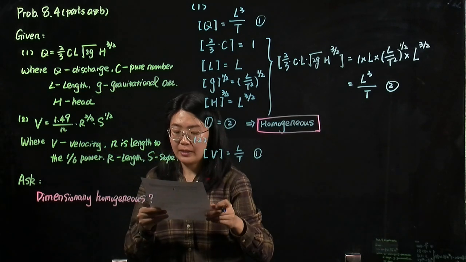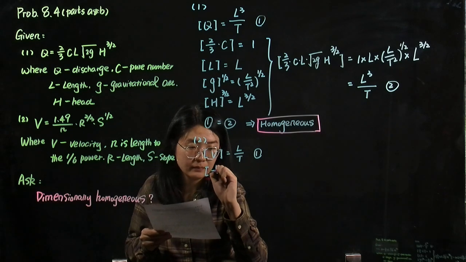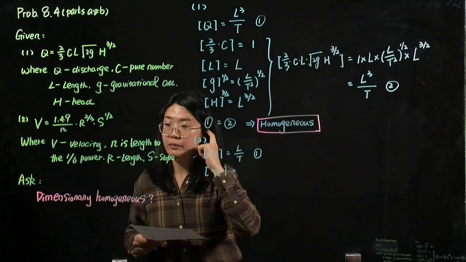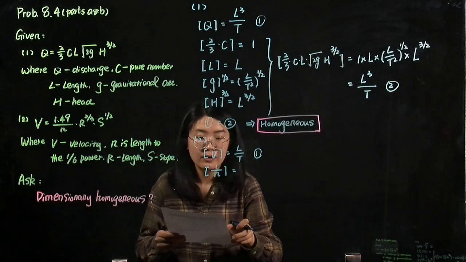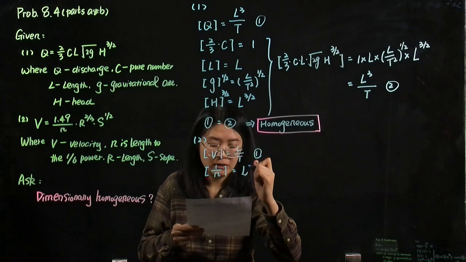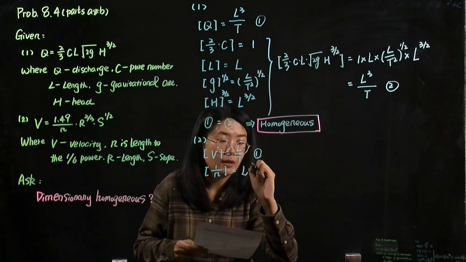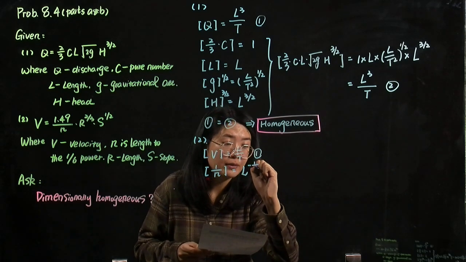And then it's 1 over n. We know that n is length to the 1/6 power, so its dimension should equal L to the power of minus 1/6.